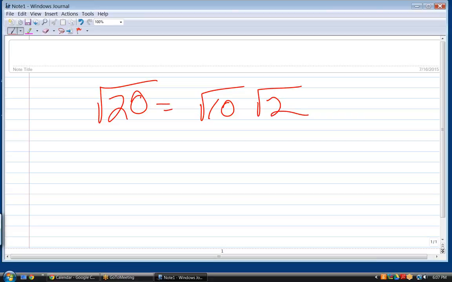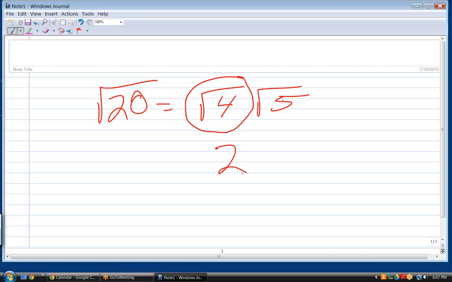And the goal is to get a perfect square number so we can eliminate the radical sign. But what if I did 4 times 5? That's also 20. And this is a perfect square number, which means I can eliminate the radical sign and put a 2 there. So root 20 is 2 root 5.